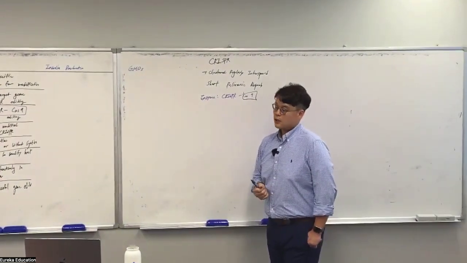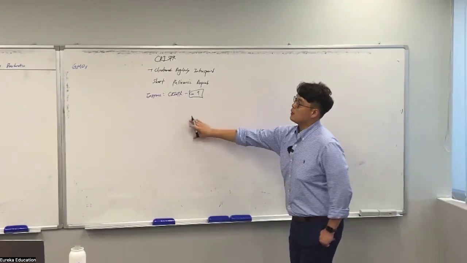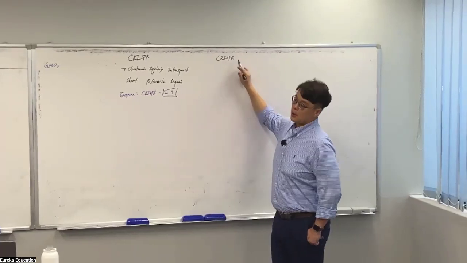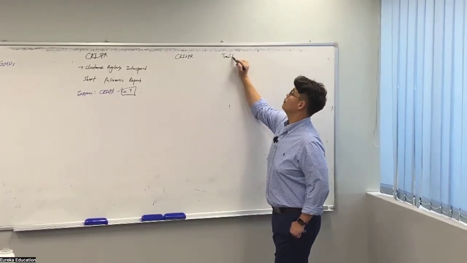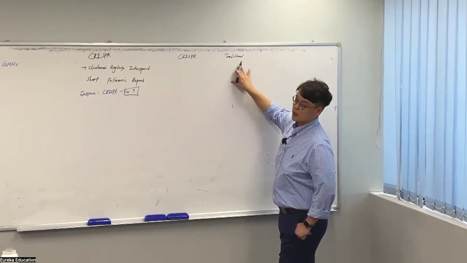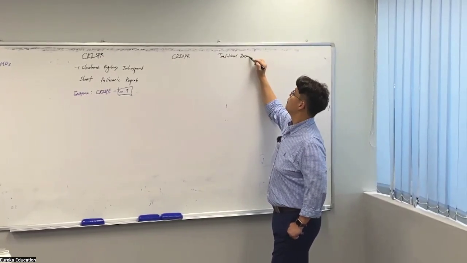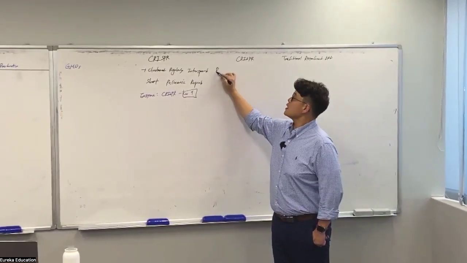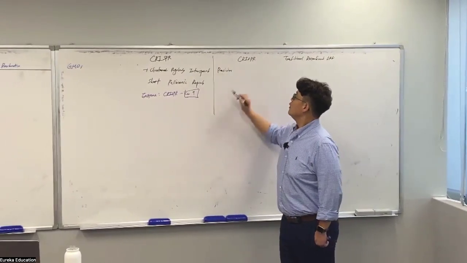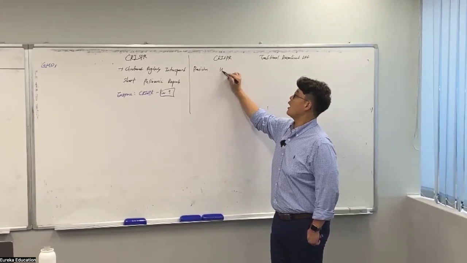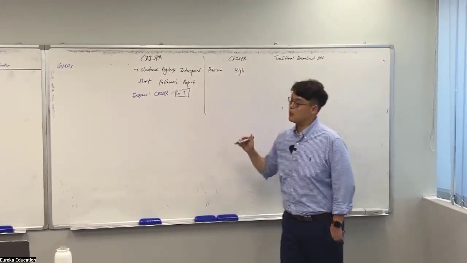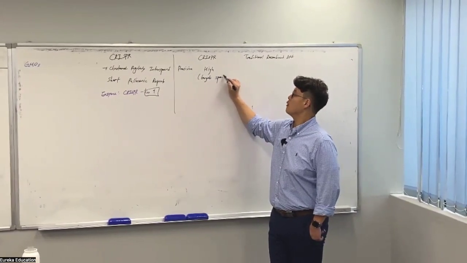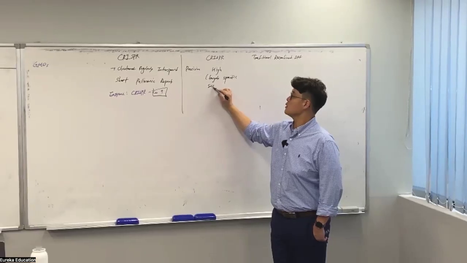So what is the main difference between the two? I'll give you a table between CRISPR and, let's say, the traditional recombinant DNA. First of all, in terms of precision, CRISPR is really high in precision. We're cutting at a very specific site, so it targets a specific sequence.